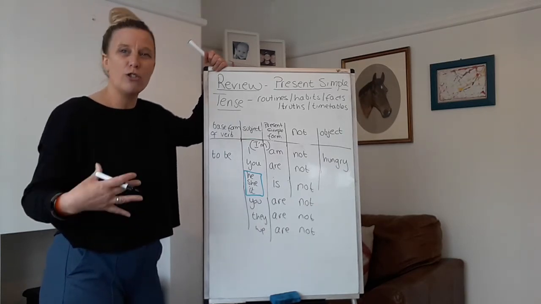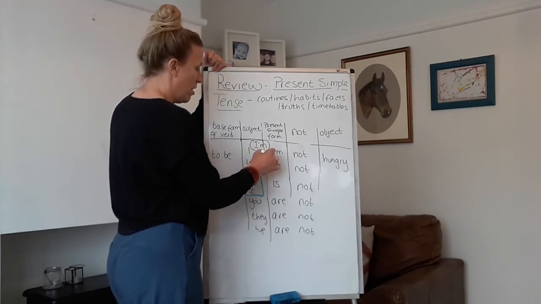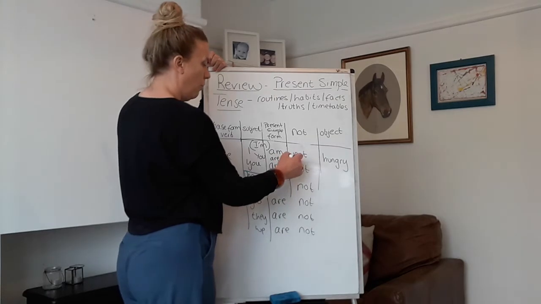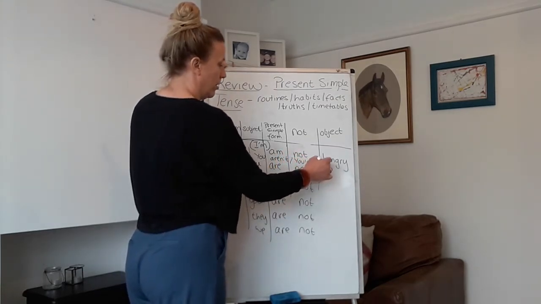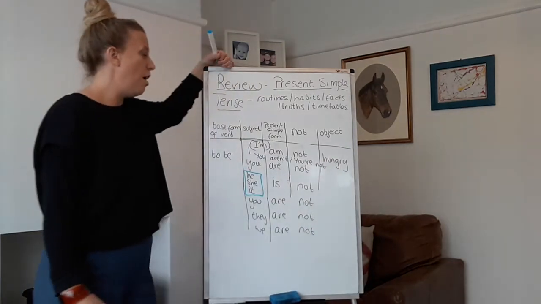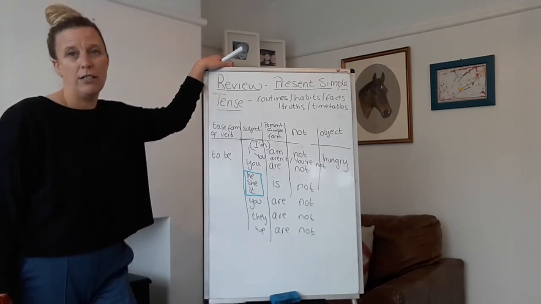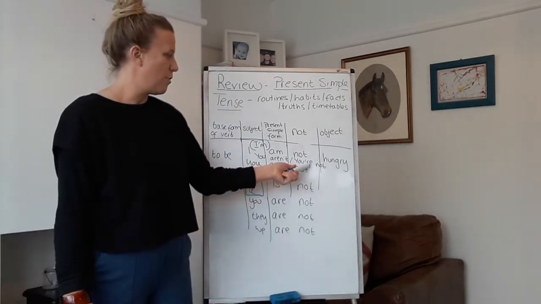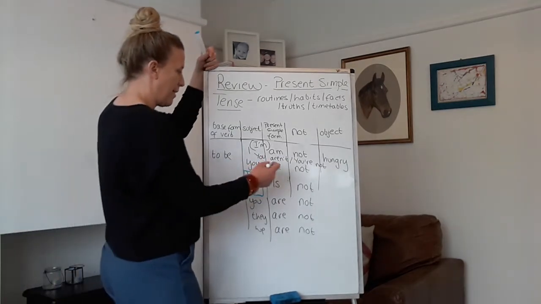And then for you are not, we have two choices. And you can choose which one you wish to use. So we have you aren't hungry, or we can use you're not hungry. Both are correct. And you can choose which one you use. I tend to use the second one, you're not, but it's personal choice, I think, really.